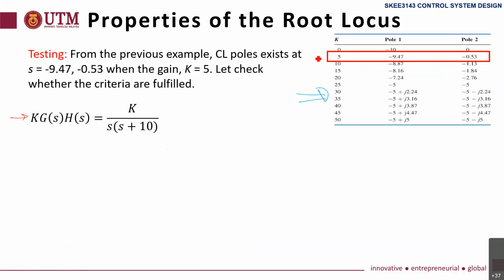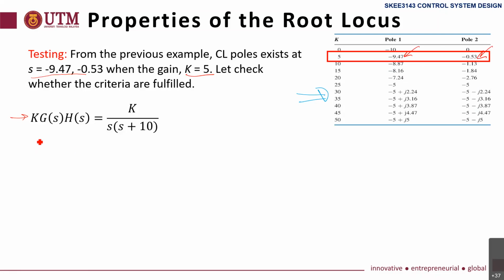Let's take K equal to 5. We know that the poles are minus 9.47 and minus 0.53. If we put those poles into the equation, it should fulfill both the magnitude and angle criteria.